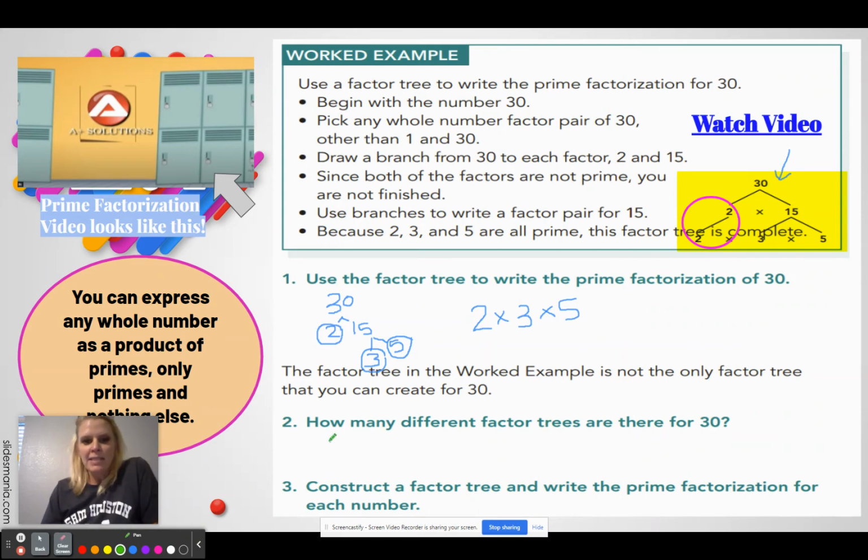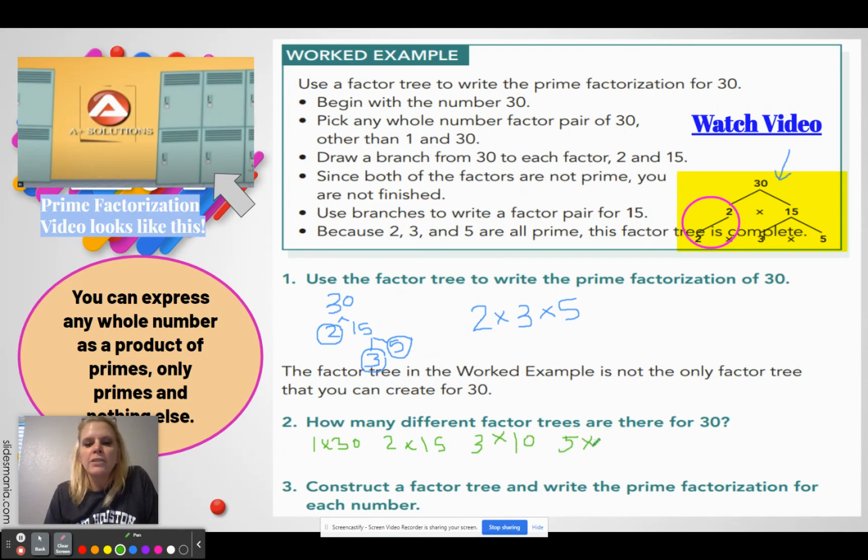Then it asks how many different factor trees there are for 30. You have to think about those factor pairs that we talked about just a few minutes ago. If you think about the factor pairs, we have 1 times 30, 2 times 15, 3 times 10, and 5 times 6.